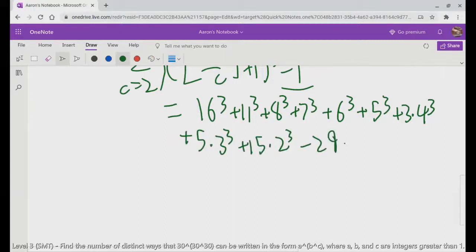When you calculate this out, you can see that this is equal to the number 7,041. So that's the question for level 3.